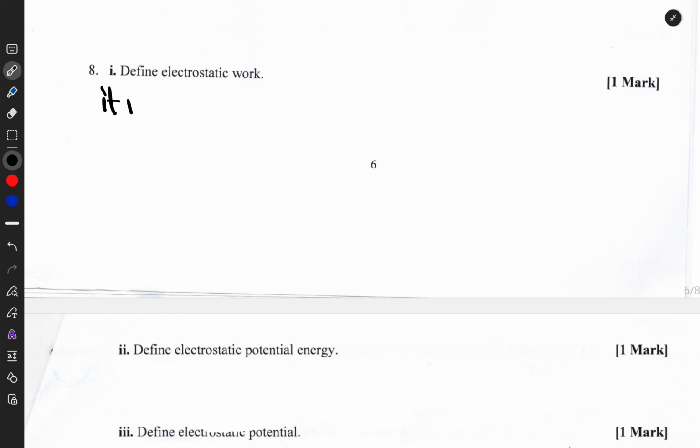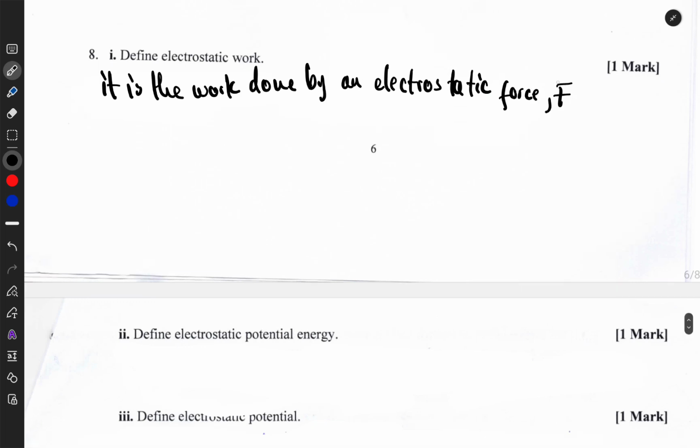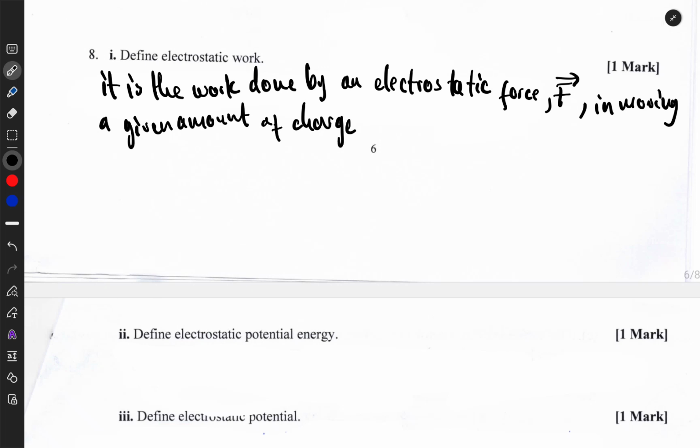You can say it is the work done by an electrostatic force F in moving a given amount of charge from one position to another.